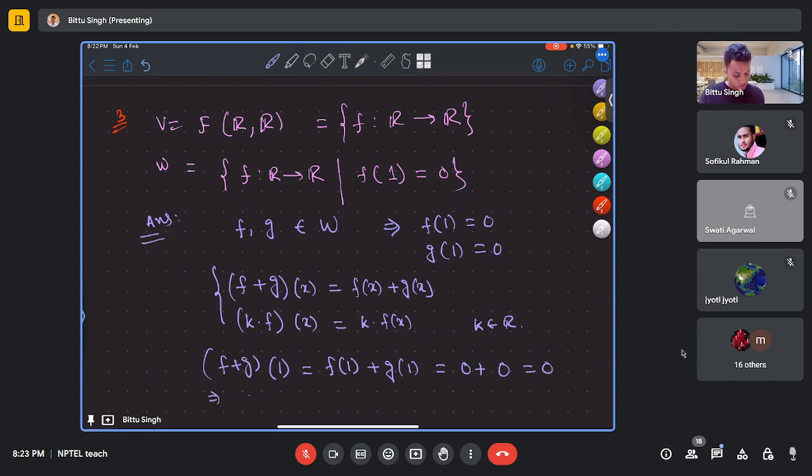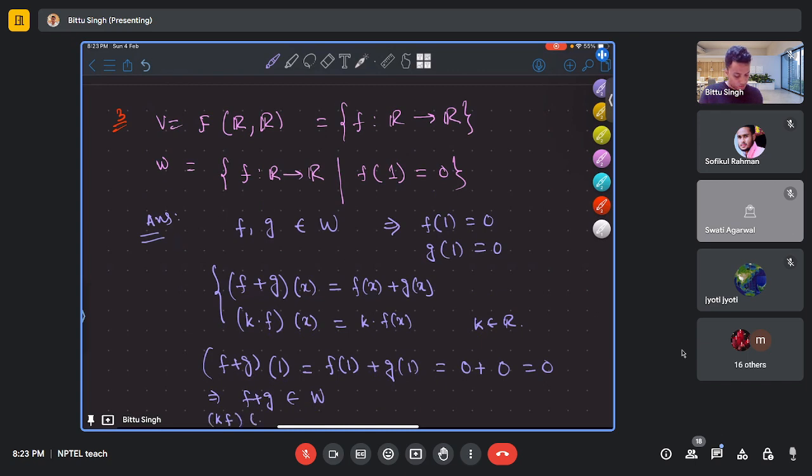So we see that f plus g belongs to W. Similarly, k times f of 1 is the same as k times f(1), which is k times 0, that is 0.